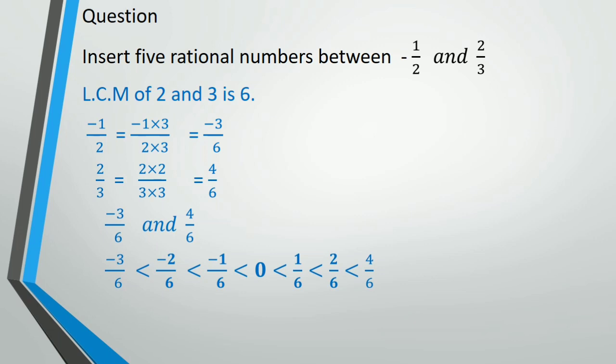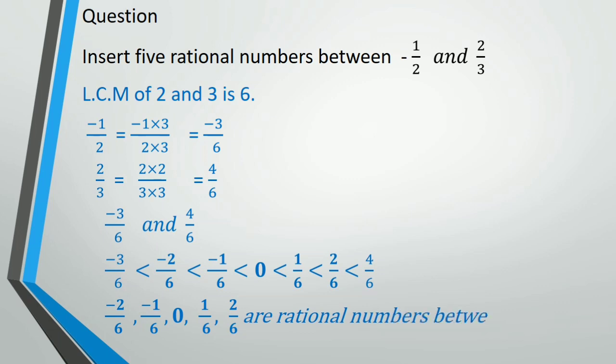We need only 5 rational numbers. Therefore, we can stop by writing up to 2 by 6. Hence, minus 2 by 6, minus 1 by 6, 0, 1 by 6 and 2 by 6 are rational numbers between the given rational numbers, that is minus 1 by 2 and 2 by 3.